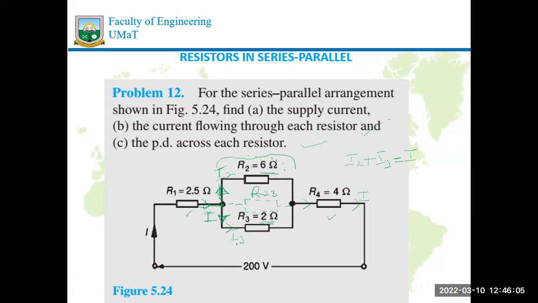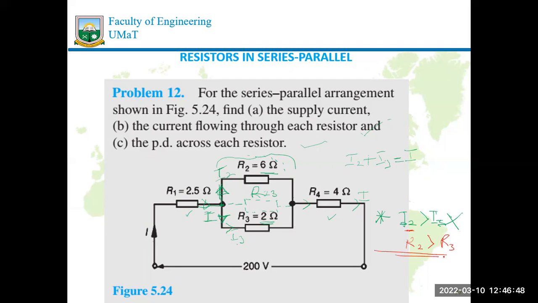So if you compute this, let me put an asterisk by it, and you have a result such that after computing, your I2 is greater than your I3, it should straight away tell you that you have made a mistake, because it cannot be that I2 will be greater than I3, since the resistance R2 is greater than R3.